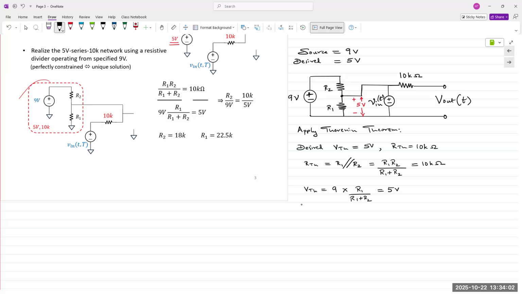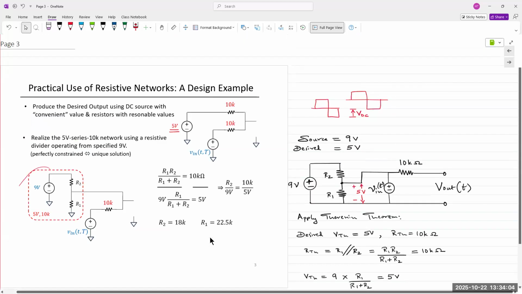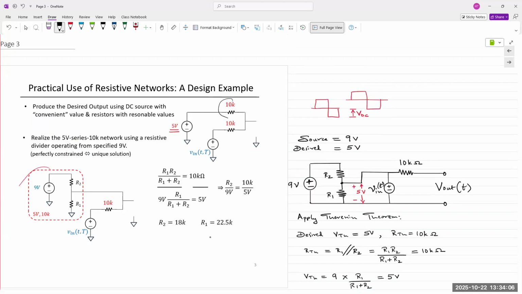Okay, so the question being asked is, why are we using this as a 10K, 10 kilo ohm? These are arbitrary values. Completely arbitrary. They are an assumption on our part because we haven't been provided any current values or current information. And so we could do this problem by choosing both as 1 kilo ohm.